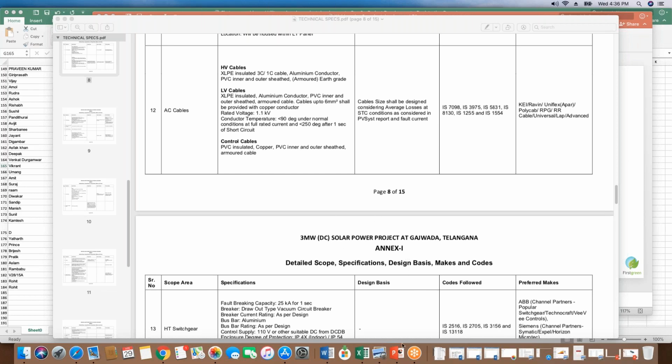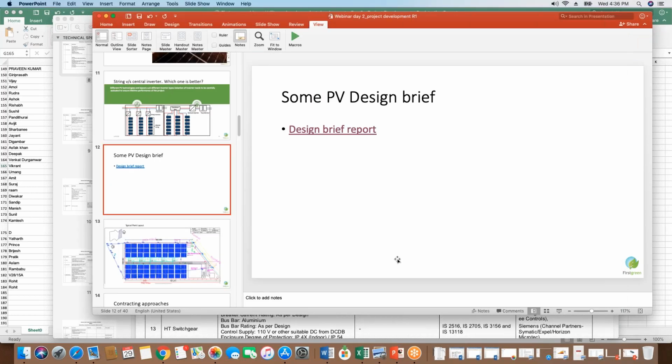So my suggestion is that you should create your own BOQ through an internal team or by hiring a consultant, and then get the project costing done with the help of your consultant, and then call multiple EPC players to take the quotes. So then it will be a full comparison.